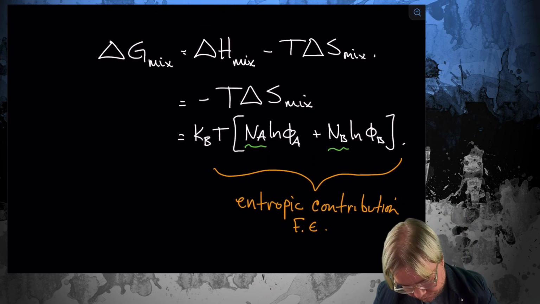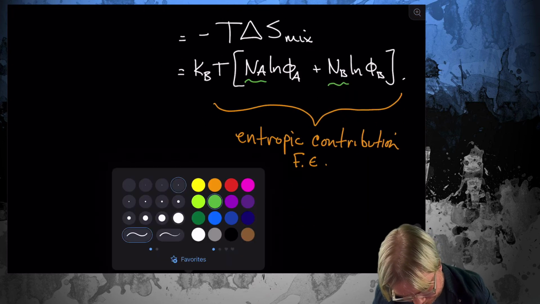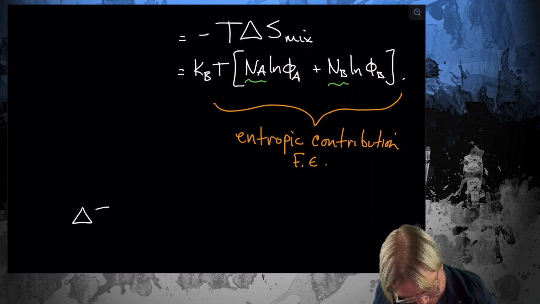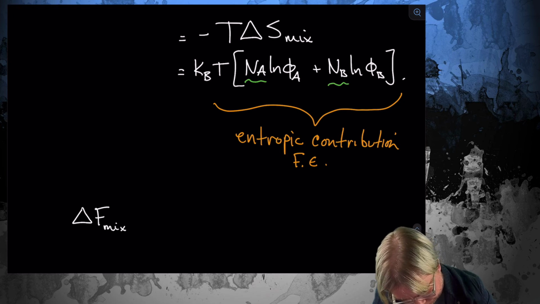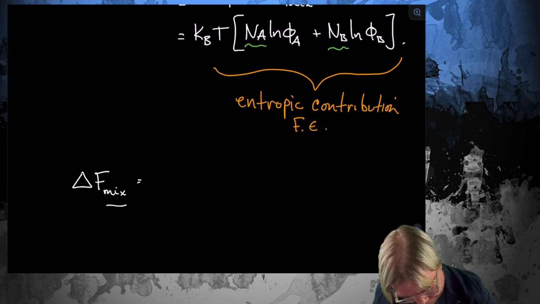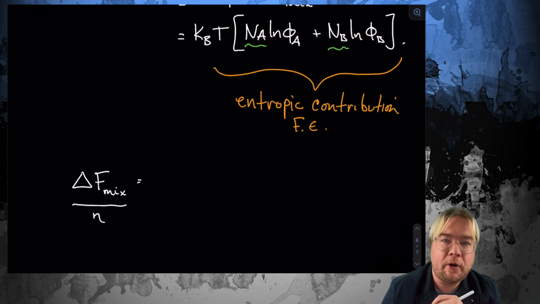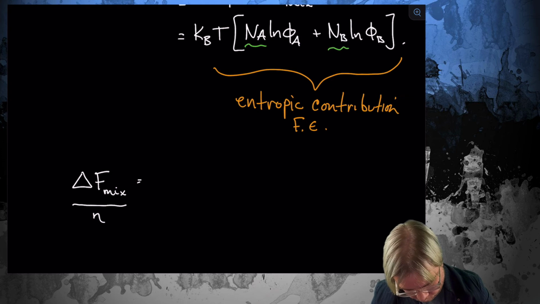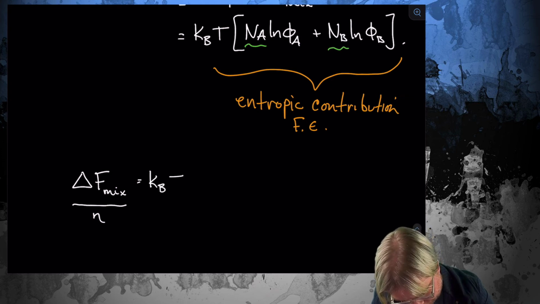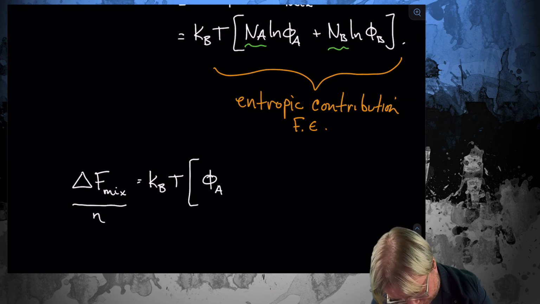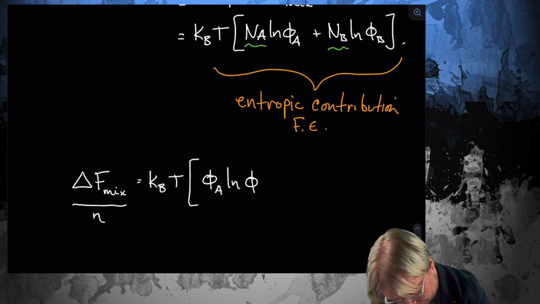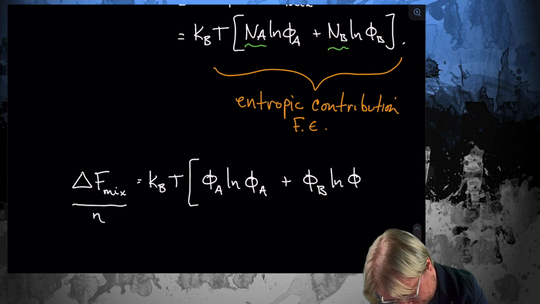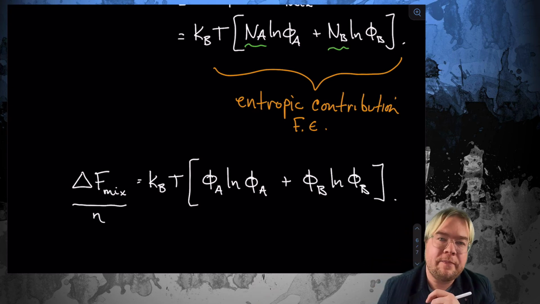So what I could do is write that delta F of mixing divided by the total number of particles will be kBT times phi A log of phi A plus phi B log of phi B. How does that work?